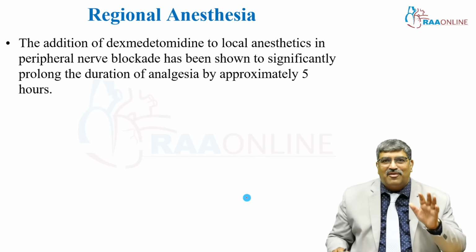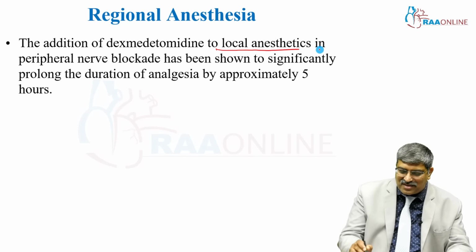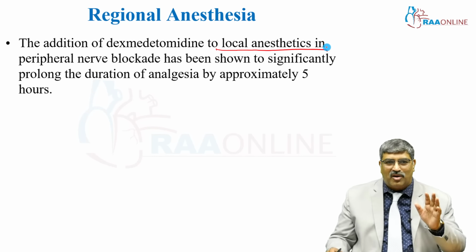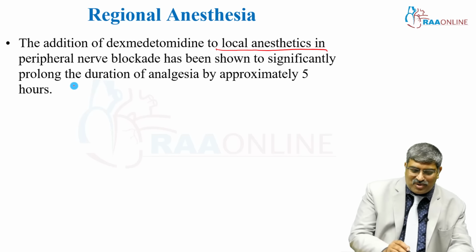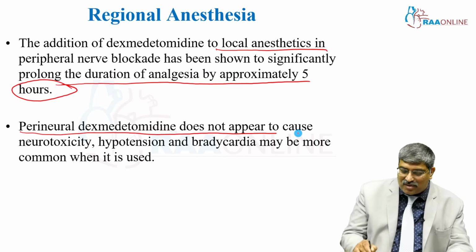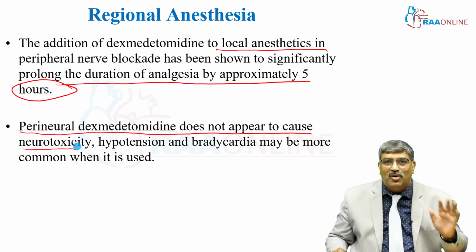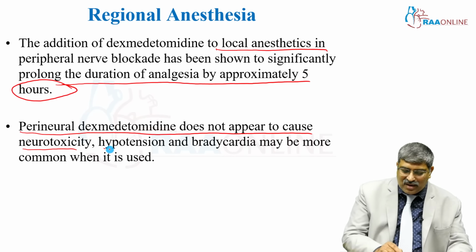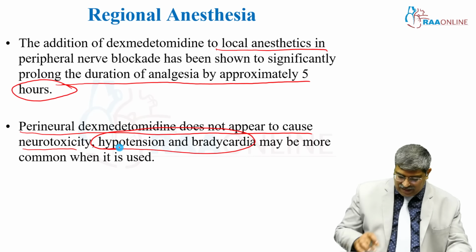The addition of dexmedetomidine to local anesthetics in peripheral nerve block has significantly been shown to prolong the duration of analgesia by approximately 5 hours. Perineural dexmedetomidine does not cause any neurotoxicity. However, hypotension and bradycardia can happen.